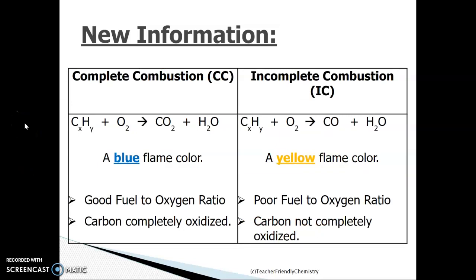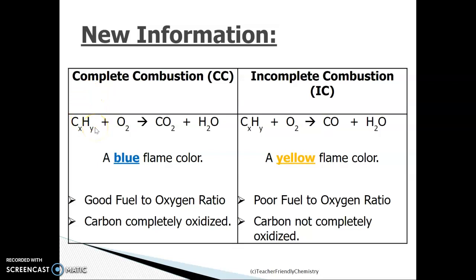So here are our examples. In the left-hand column, we have an example of a complete combustion. This is when there is sufficient oxygen. And if you were to ignite this, you would see a blue flame color. And this is the equation. So we'll have a hydrocarbon, the fuel source, and now it says CxHy because the ratios that these hydrocarbons are in can vary, so just be aware that will change.